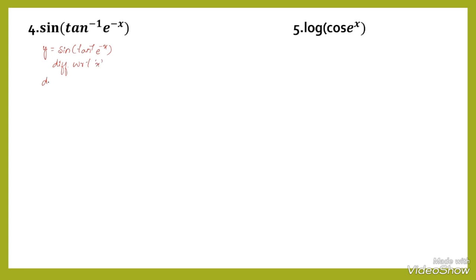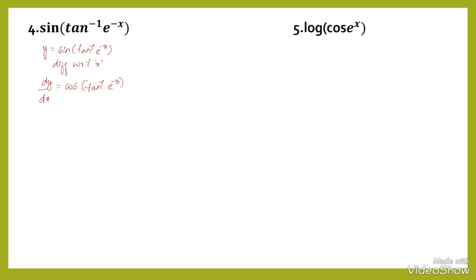Now dy by dx is equal to differentiation of sine. What is the differentiation of sine function? That is cos. In place of x we have tan inverse of e to the power minus x. So I can write cos of tan inverse of e to the power minus x.